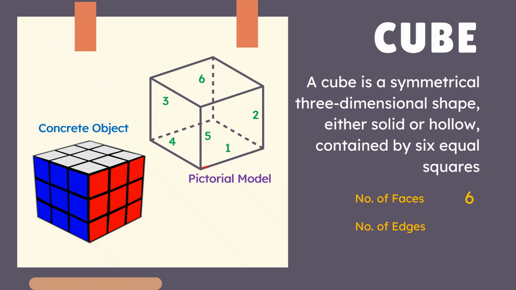Let's find out. 1, 2, 3, 4, 5, 6, 7, 8, 9, 10, 11, 12. So a cube has 12 edges. How about the number of vertices? Let's count. 1, 2, 3, 4, 5, 6, 7, 8. So a cube has 8 vertices.